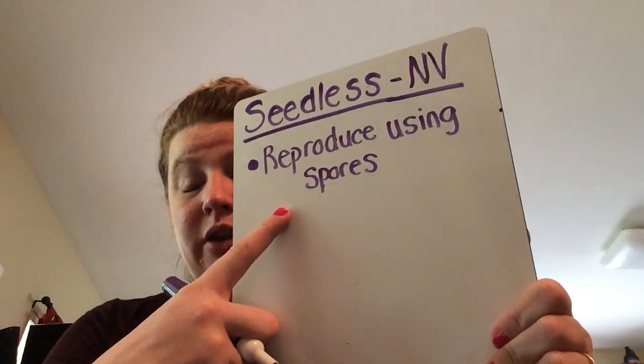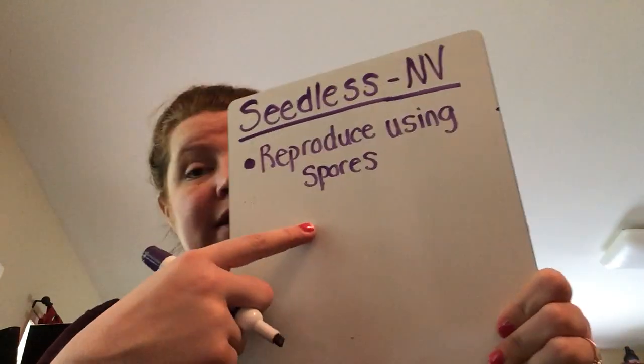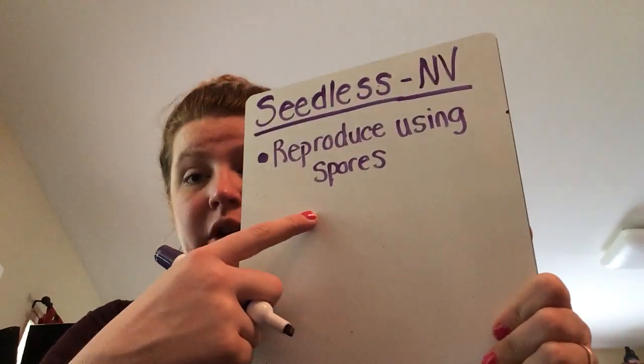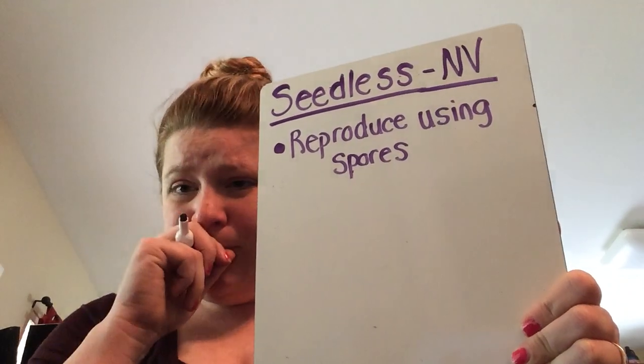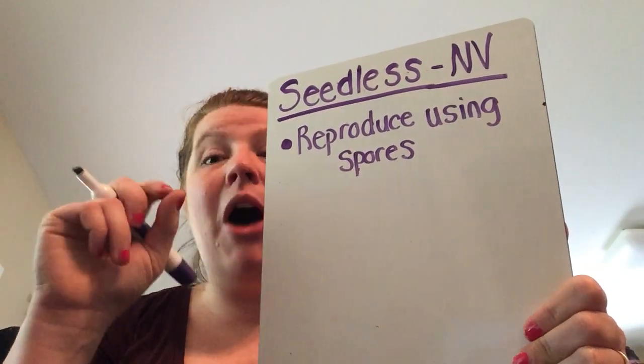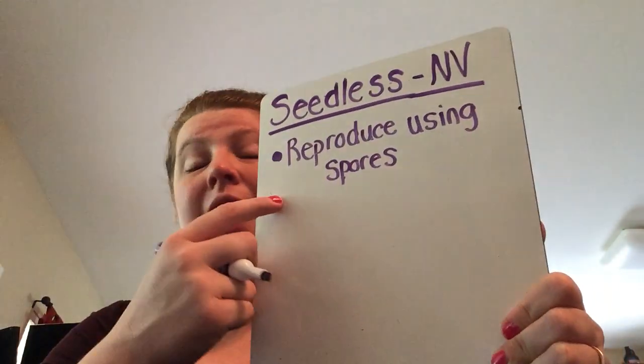In order to keep growing, it has to transfer its DNA and its cell material somehow through the spores that are found in the parts of the plants. That goes for any kind of seedless, particularly for non-vascular.